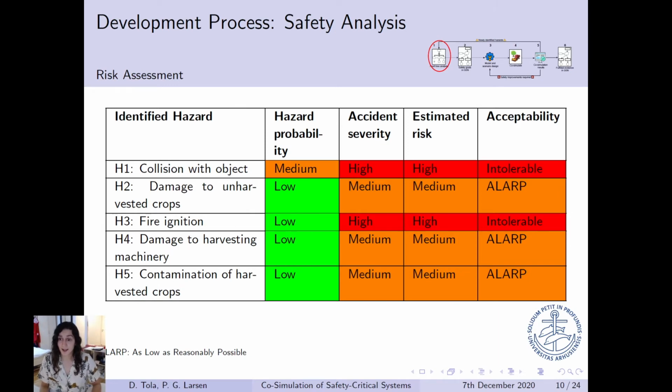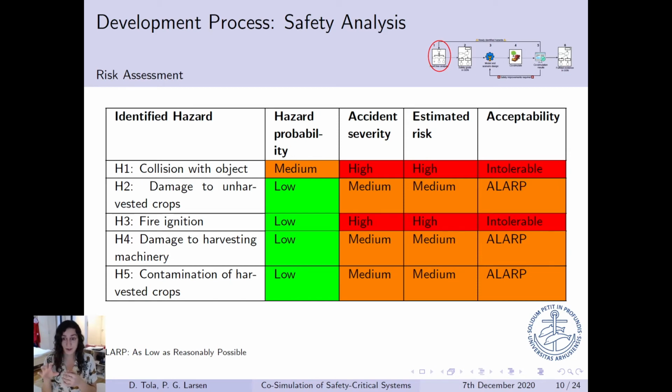After identifying the hazards and their root causes, we perform risk assessment, and that is to determine which hazards make sense to focus on and how much effort should be used on each hazard. Of course, every hazard must be mitigated, or well, its probability of occurring or risk or accident severity should be reduced.